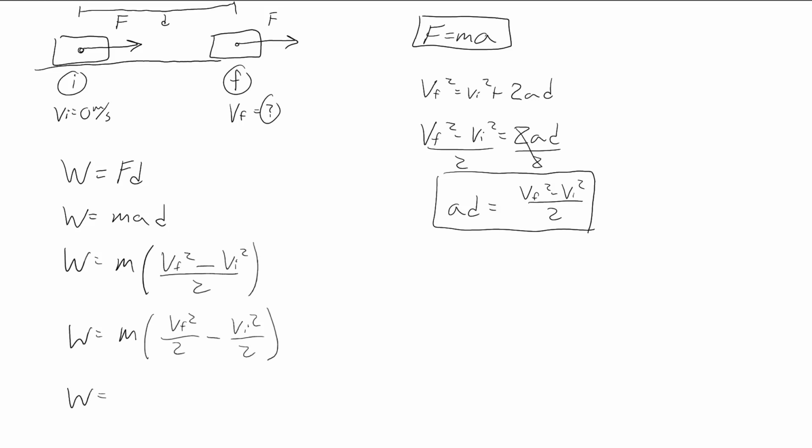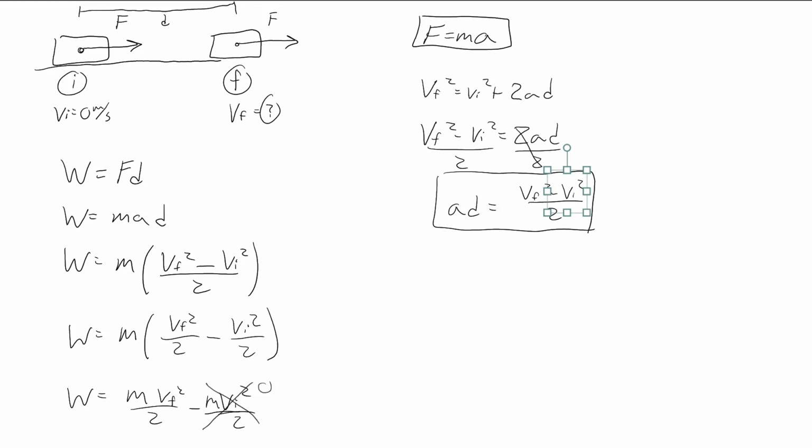The work is equal to the mass times vf squared divided by 2 minus vi squared divided by 2 times the mass. But that doesn't matter because what is vi? Vi is 0 in this case, so we'll cross that out.